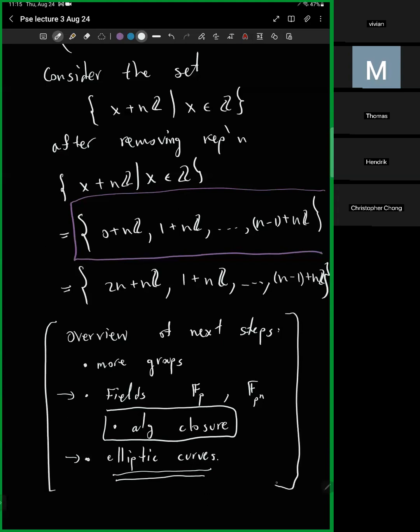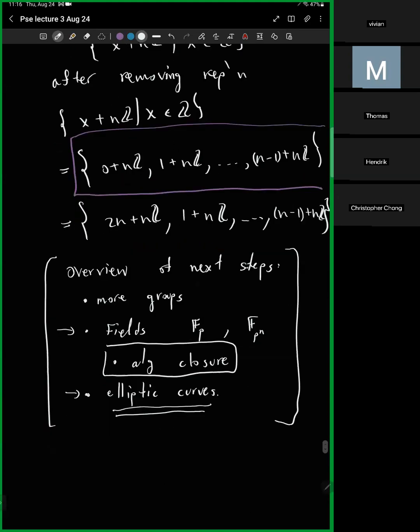Okay. So before the break, we talked about this example of cosets, and you can see that if I take the union of all cosets xH, x in Z, I get Z itself, right?